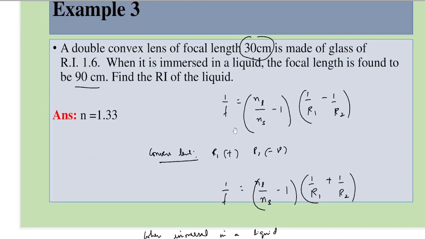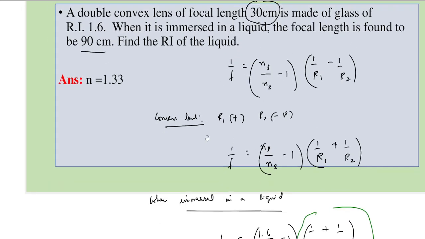So the question says a double convex lens of focal length 30 centimeter is made of glass of refractive index 1.6. So it means that the focal length is 30 centimeter, but when is it? It is when the convex lens is placed in air.